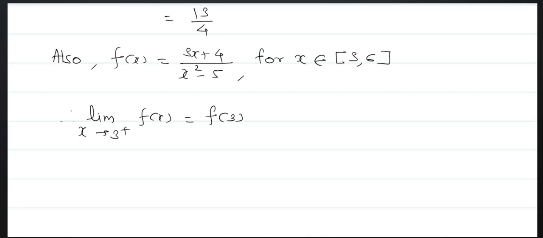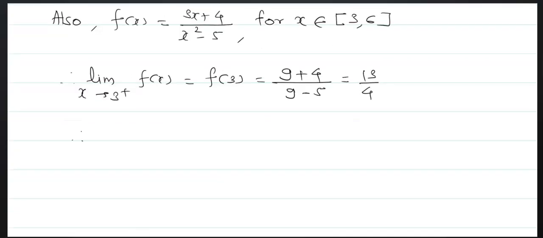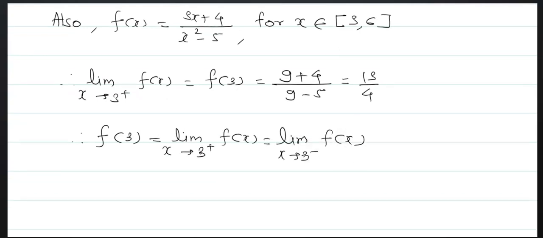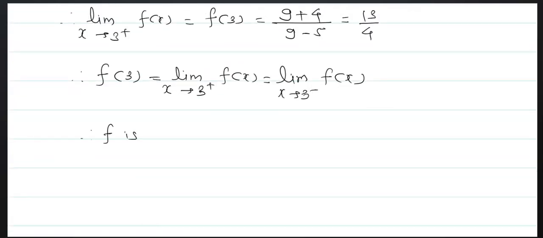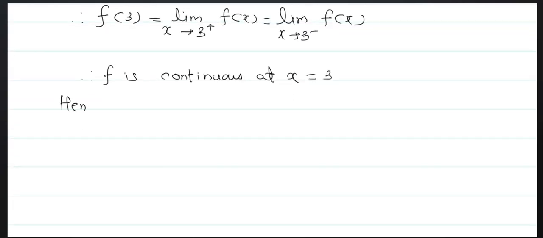Right hand side limit, f of 3, its value is 13 by 4. Therefore, f of 3 is equal to the limit as x tends to 3. All values are equal, and hence it is continuous at x equals 3. Hence, f is continuous on its domain 0 to 6.